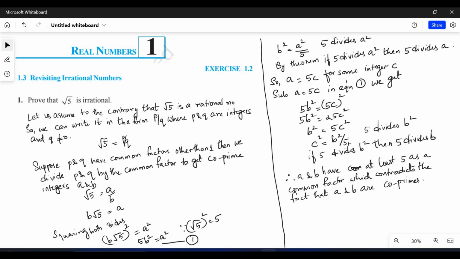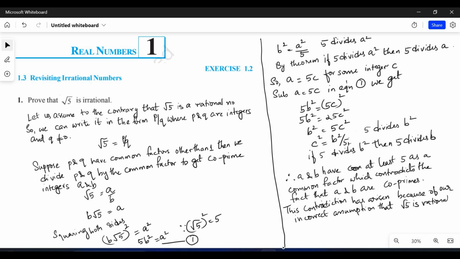So this contradiction has arisen because of our incorrect assumption that root 5 is rational.